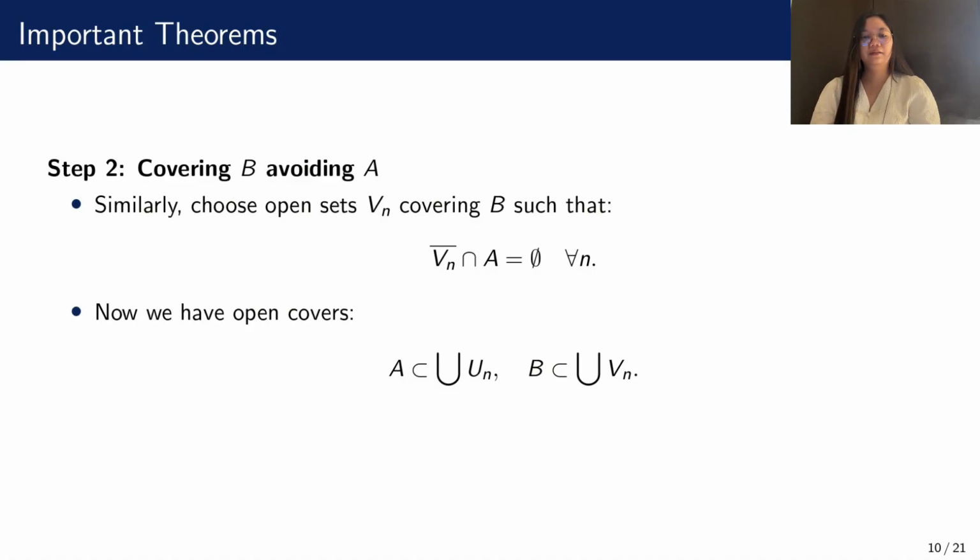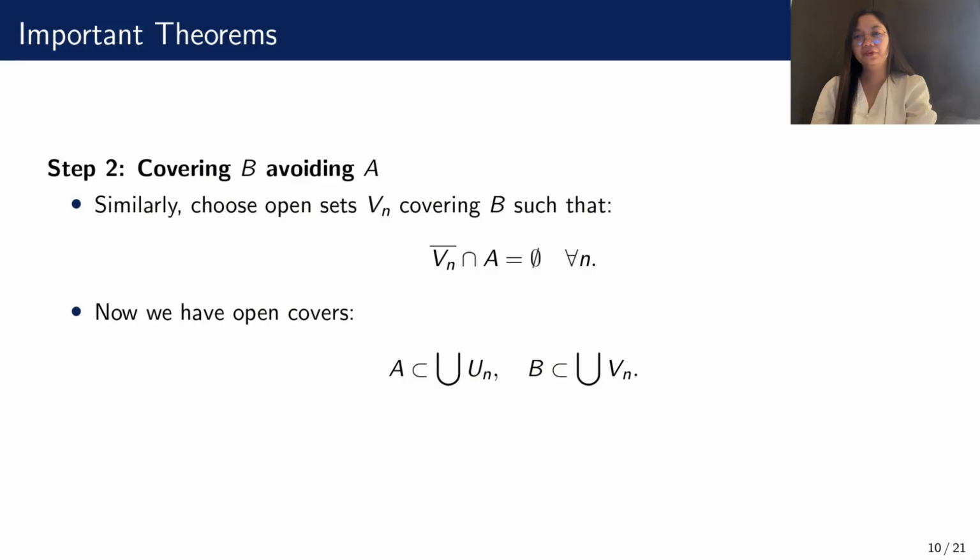Then we choose a basis element B sub Y of beta such that Y is an element of B sub Y, a subset of V. The distinct B sub Y's form a countable collection B sub n covering B.